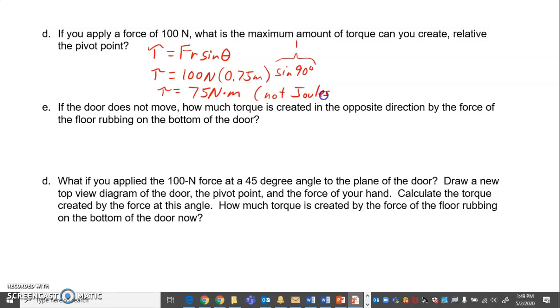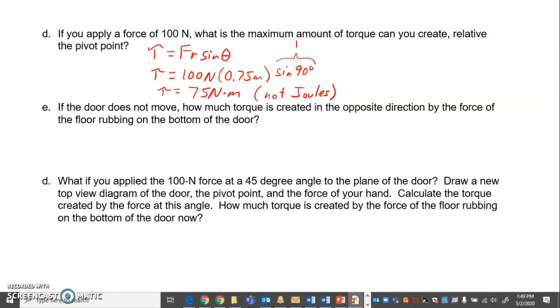And I just want to note that here, a Newton meter is not a joule. I know when we're talking about work, a Newton meter is a joule. If you apply a Newton of force to something and that object moves 1 meter, that is 1 joule of work. But here, we're talking about equilibrium, we're talking about torque, and the object's not even moving.